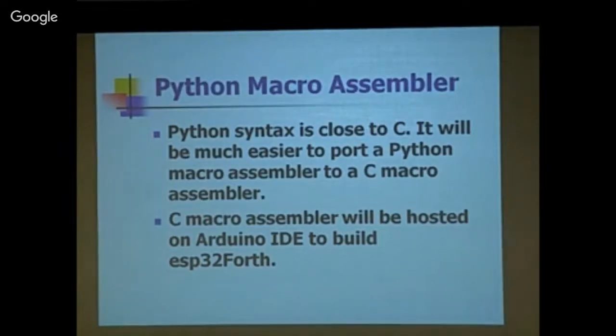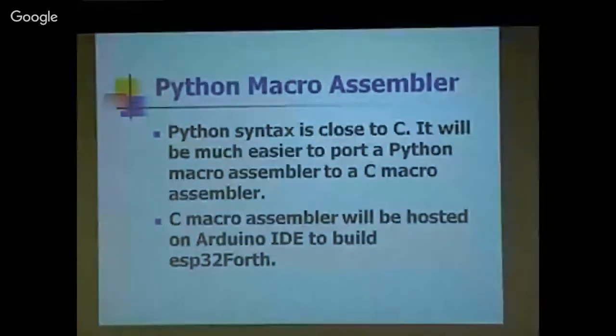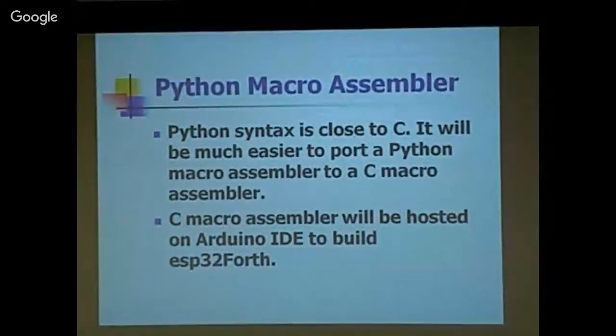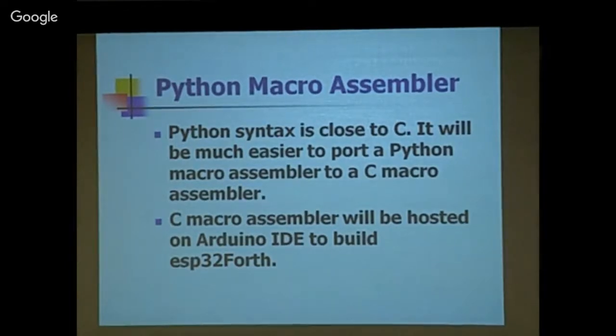Okay, so if I have the basic instructions to place consecutive bytes and consecutive words into this array, then I can use it to construct any data structure in a big array. Python syntax is very close to C. So anything I do in Python, I probably can move the source code to C with very minimum changes.